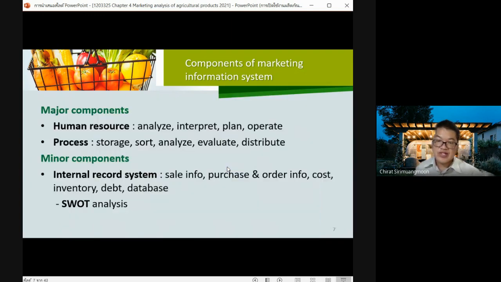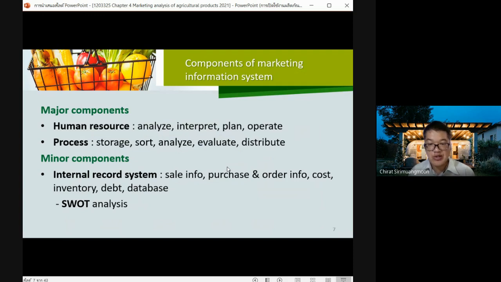The four subunits include, first, the internal record system. This unit is needed because you need to collect the sales information of your company, and also information on purchases and orders from customers. You also need to collect all the costs that happen in your business, inventory, debt, and the company database: the products that you produce and sell, feedback from customers, complaints, and compliments.